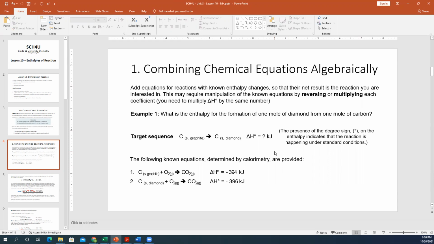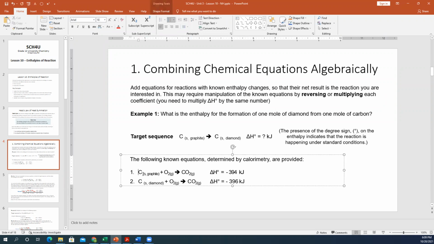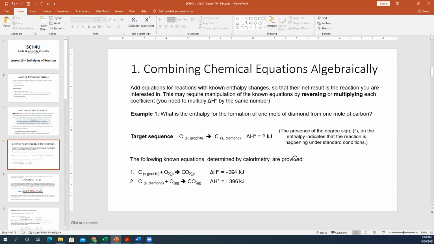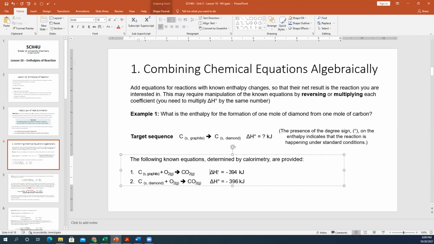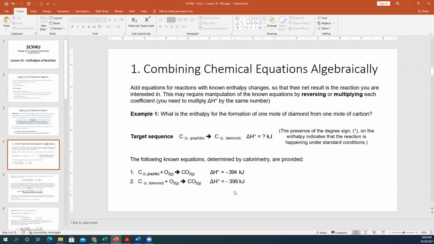It's almost like solving a puzzle. You're looking for pieces that, once you put them together and add them up, will give you this final reaction. So say you're given this top one that's measured from a calorimetry experiment, and this reaction is known to have a delta H naught of minus 394 kilojoules.